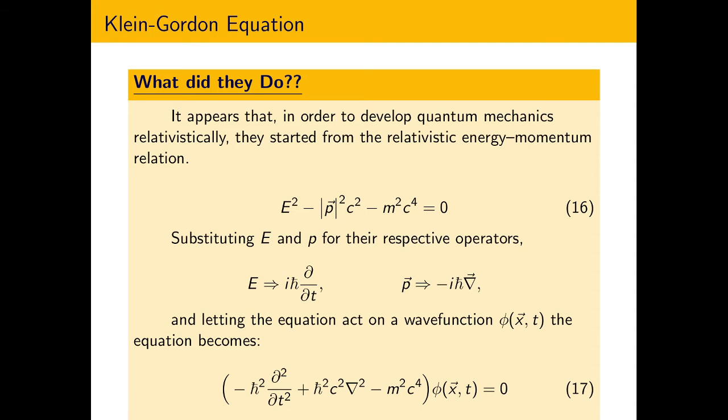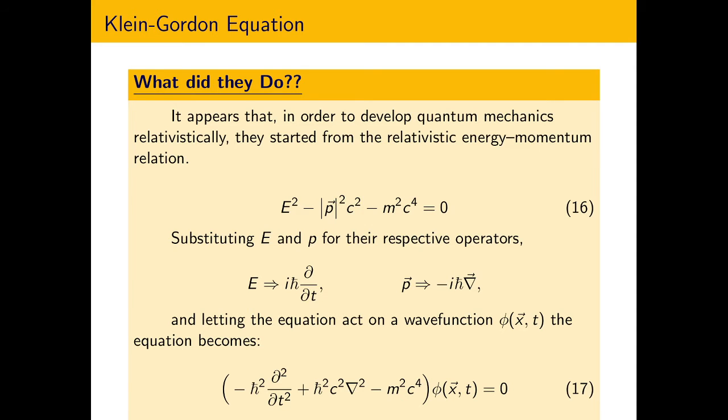Another way to say this is that the Klein-Gordon equation describes the fluctuations of the field defined by phi. How it fluctuates is described by the Klein-Gordon equation. So this was the first attempt at a relativistic quantum mechanical equation.